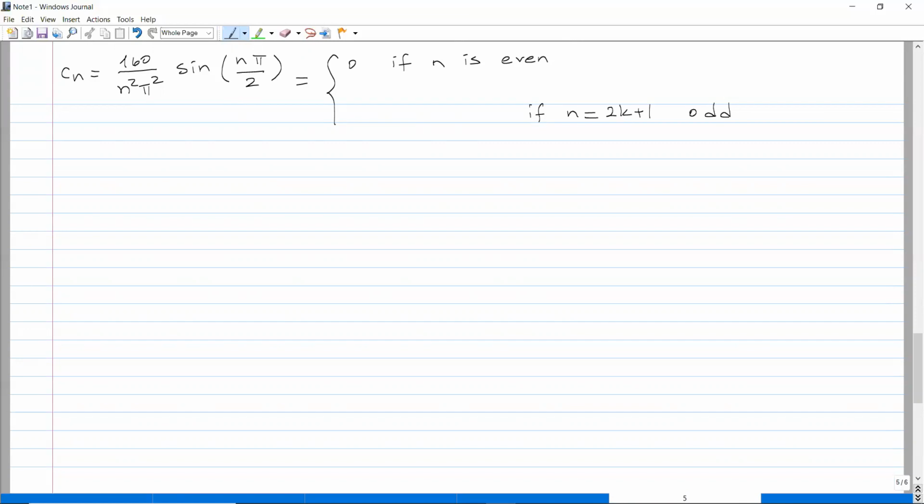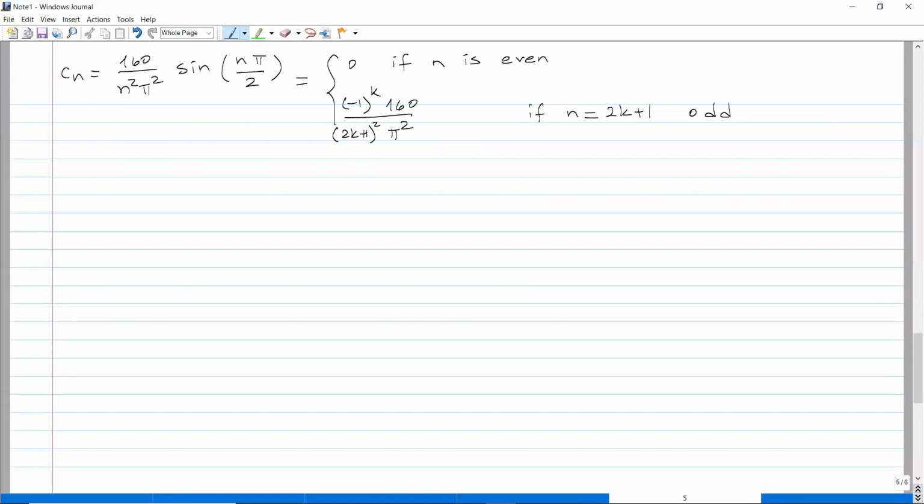So we have minus 1 to the k times this coefficient, if n is given as 2k plus 1. So instead of n squared, I should write 2k plus 1 squared.